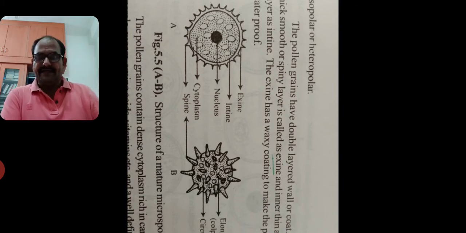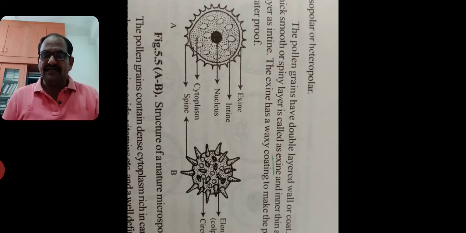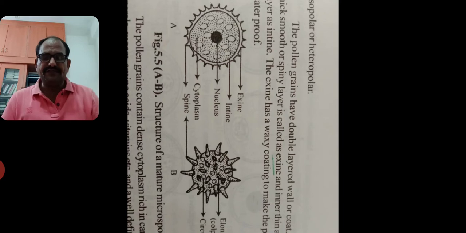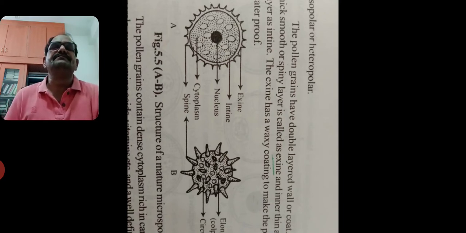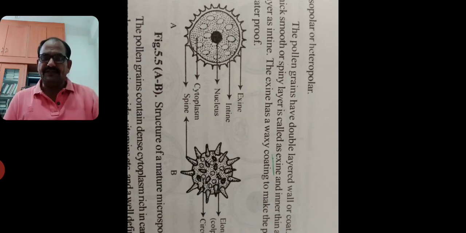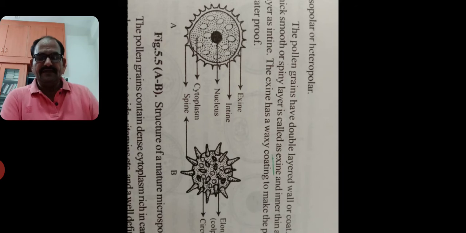The intine is thin and has a high refractive index, and therefore it is not easily visible. The surface of the exine is at first smooth, but later on, after its formation, many types of projections may develop on it. Formation of the exine develops the projections.